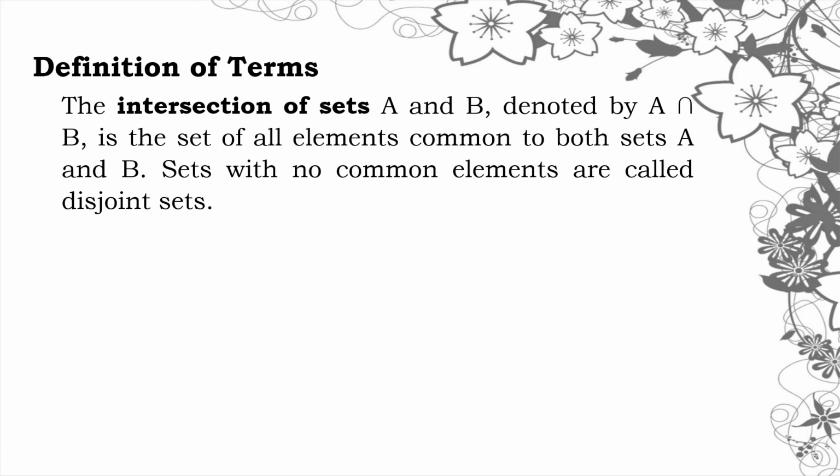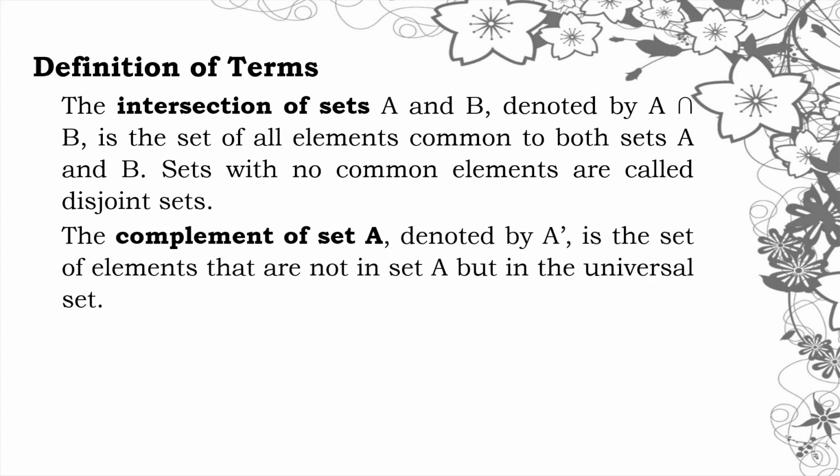Remember, if the sets have no common elements, they are disjoint sets. Next term is the complement of set A. The complement of set A is the set of all elements that are not in set A but in the universal set.